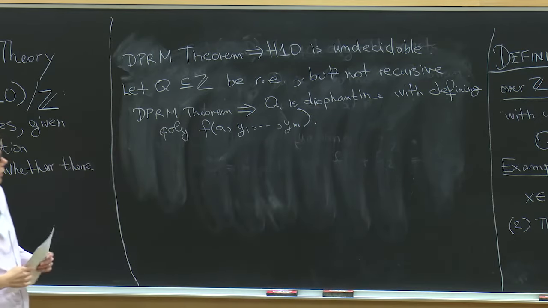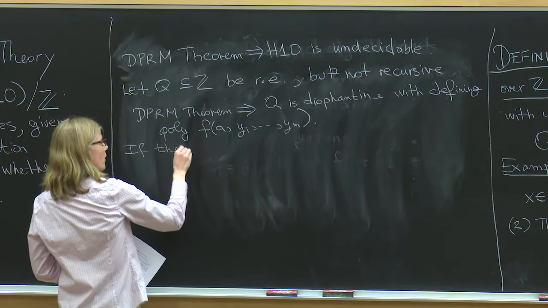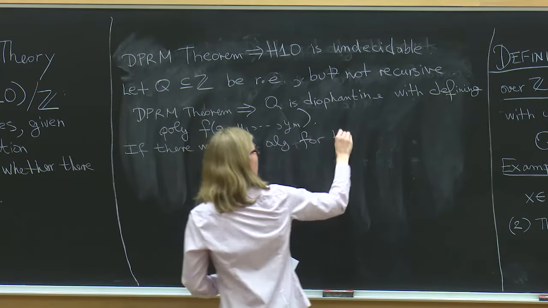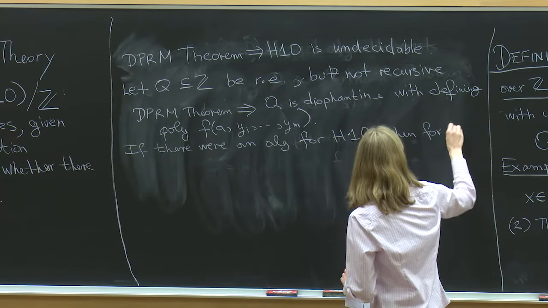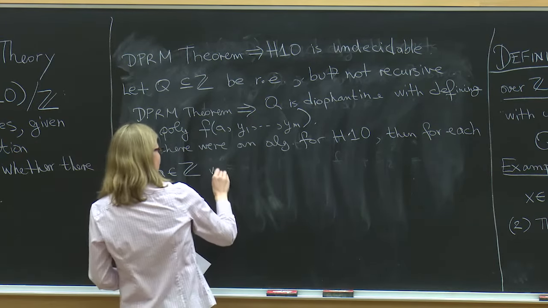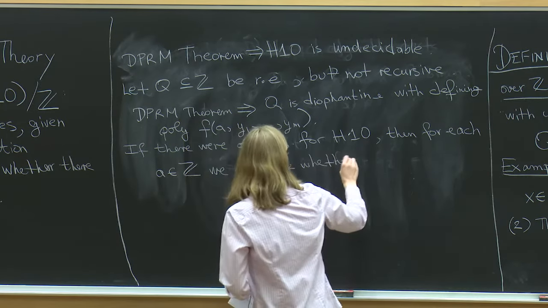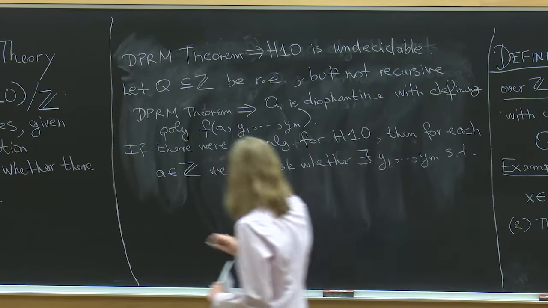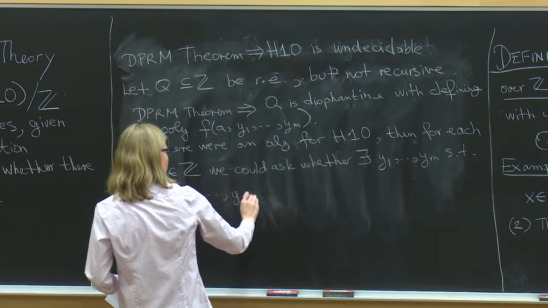And now, if there were an algorithm for Hilbert's 10th problem, then for each a in Z, we could ask whether there exist y1 through ym such that f(a, y1 through ym) equals 0.